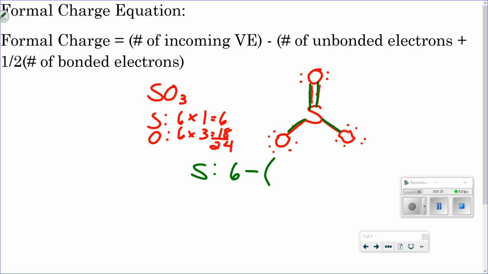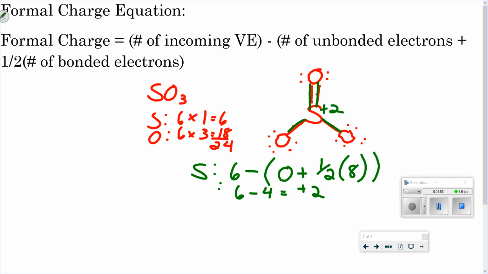So that's going to be 0, plus half of the number of bonded electrons. So I've got 1, 2, 3, 4, 5, 6, 7, 8. So I'm going to have 1/2 of 8, or however many lines I've got. So this is going to turn into 6 minus 4, which is going to be a +2 charge. So sulfur is going to have a +2 formal charge.